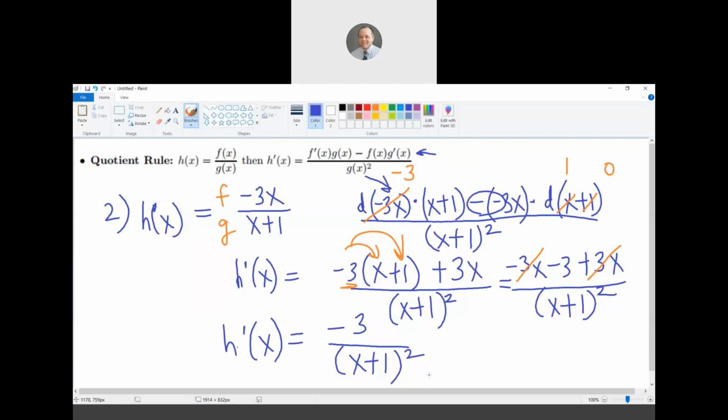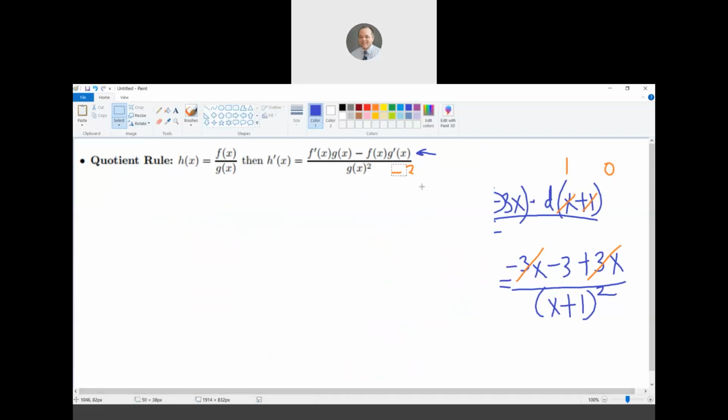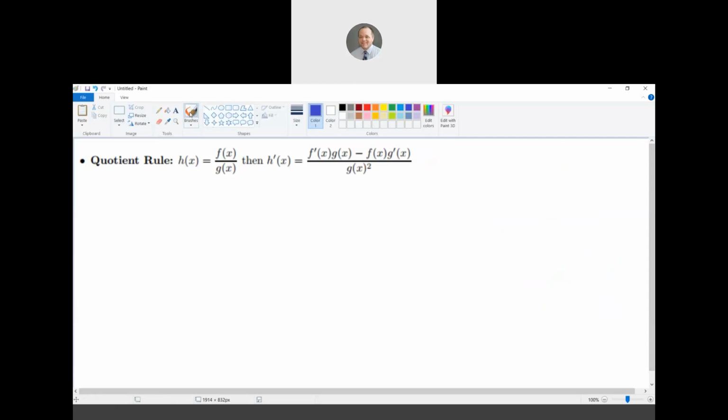Let me show you the rare case in which the quotient rule would not be ideal to use. And that is with this kind of problem or fraction. If you had h of x equal to 7 over x, now we used the quotient rule with a similar fraction, but I'm going to show you a neat shortcut.